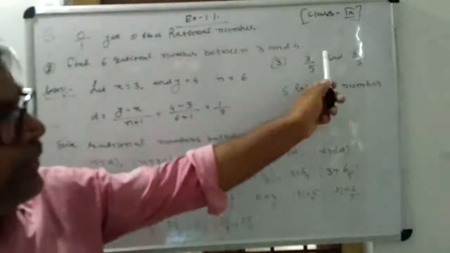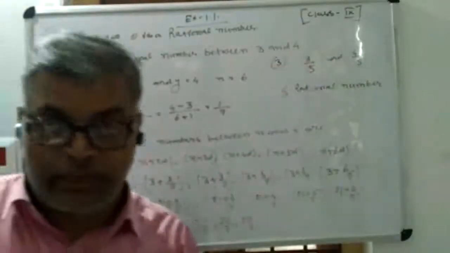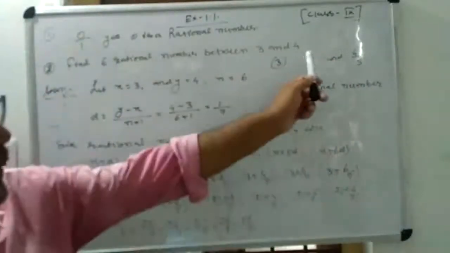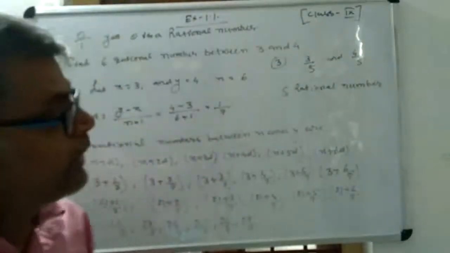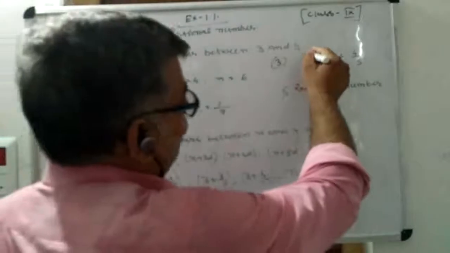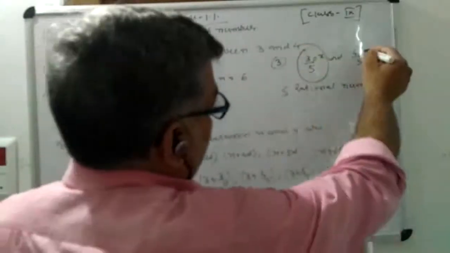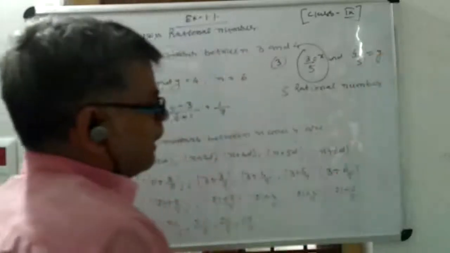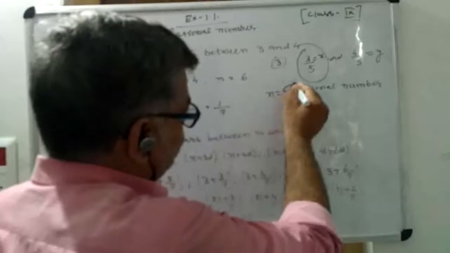When we observe, we see that the denominators of both numbers are 5 and numerator 3 is smaller than numerator 4. So obviously 3 by 5 is smaller. You assume it as x and the other as y. And you have to find 5 numbers, so here n equals 5.